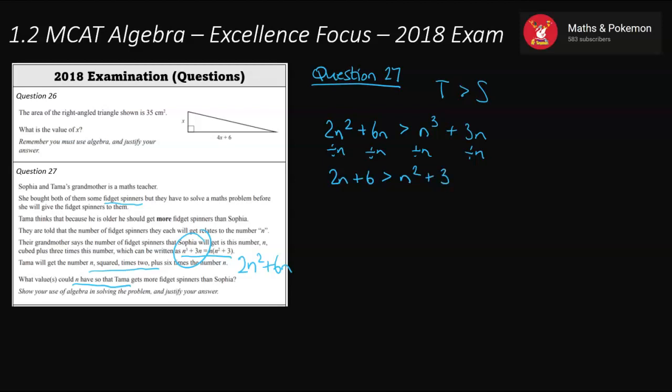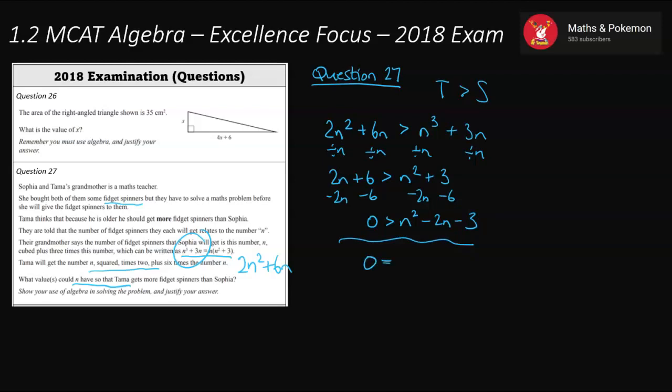Let's do a bit of algebraic manipulation because it is a quadratic, so I need one side to be 0. So we've got minus 2n, and then minus 6, minus 6. So when is 0 greater than n squared minus 2n minus 3? At this stage, remember you can't really solve quadratic inequations. You need to kind of graphically investigate it.